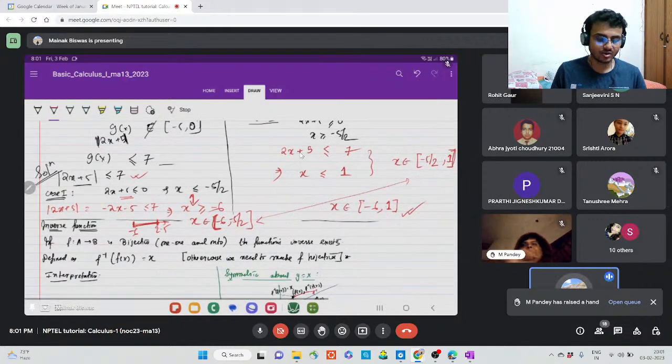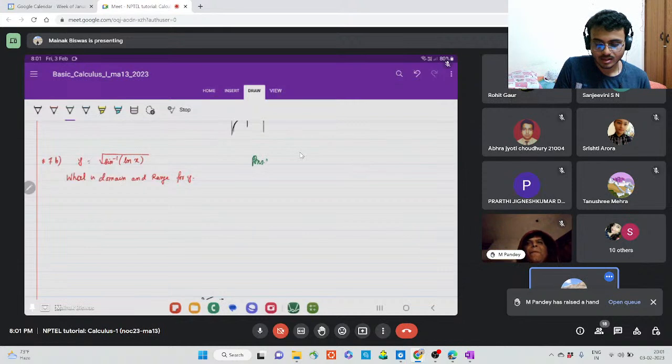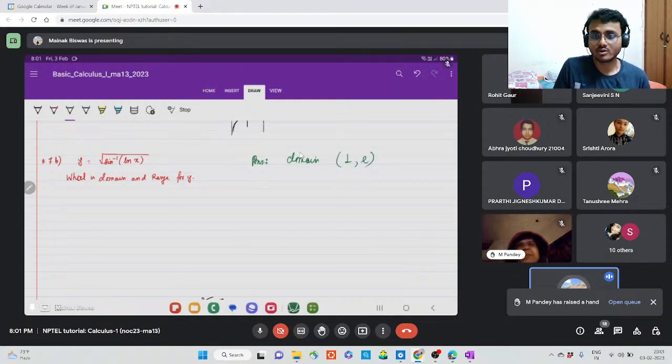So I'll give you a small exercise and we'll do it next day. You try this. I'll give you the answer as well. Answer is domain is 1 to e. Just to be sure all of you know this, this is your e to the power x graph.